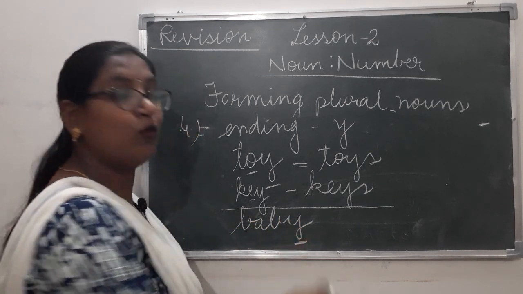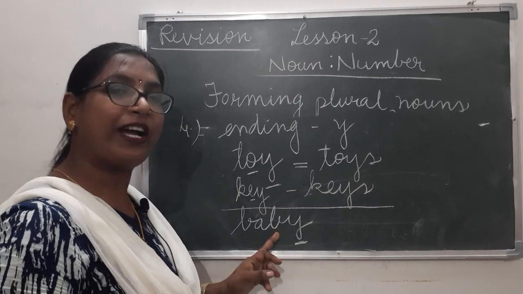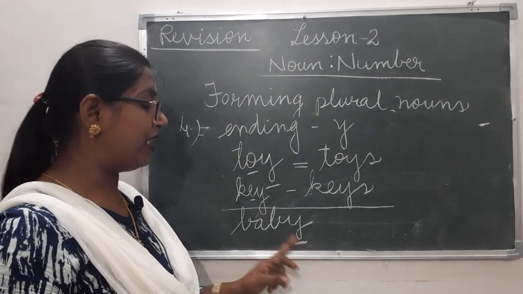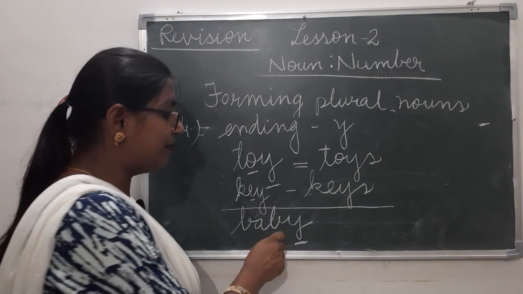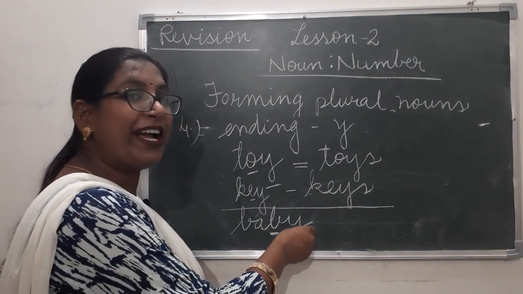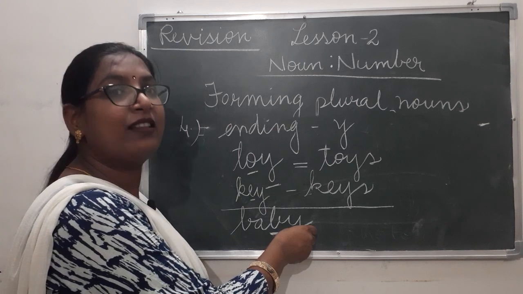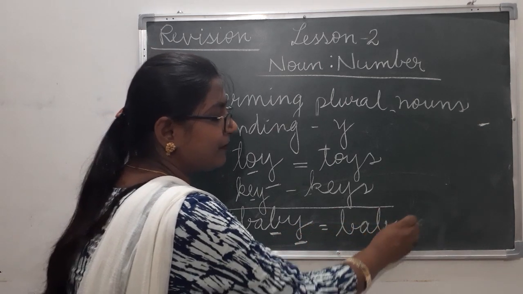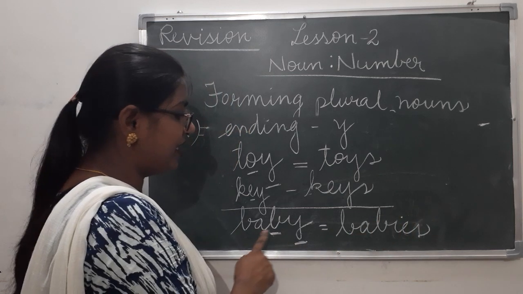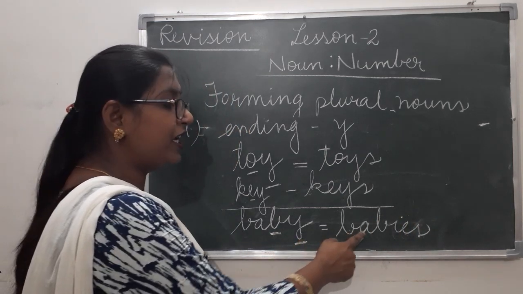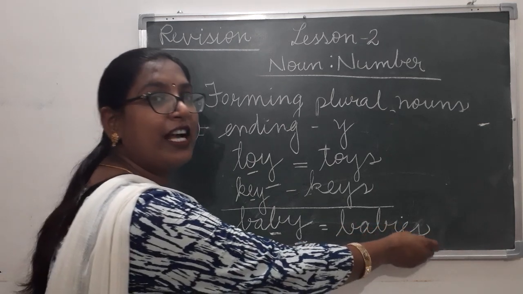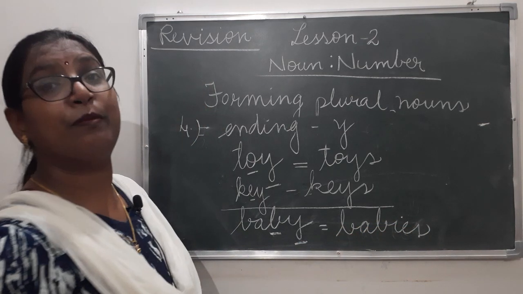It is ending in Y and before Y the consonant B comes. In that case, Y is changed into I, then we add ES with it. Babies. See, B-A-B-Y, baby. B-A-B-I. Y is changed into I, then we have added ES with it. Babies.